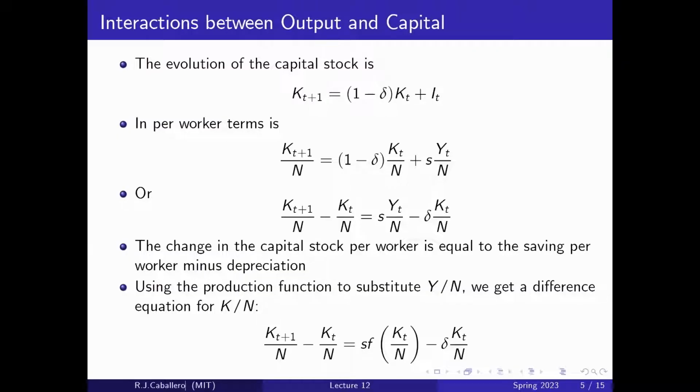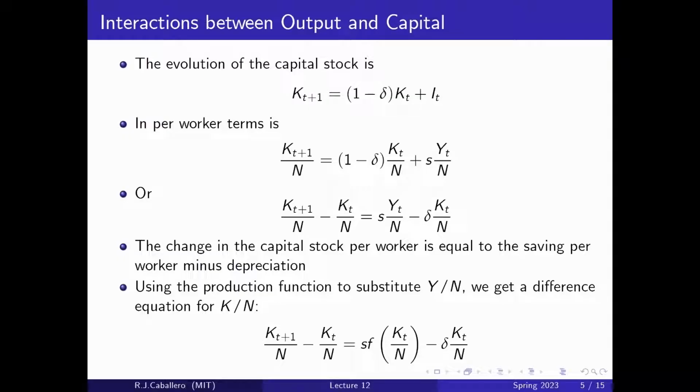But it turns out that I know that output per capita, per person, per worker, it's the same thing in this part of the course, is an increasing and concave function of capital per person. Okay. So this is, I would say, the sort of fundamental equation of the Solow growth model.